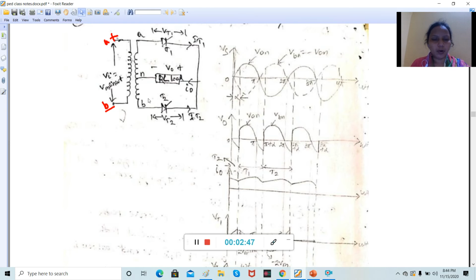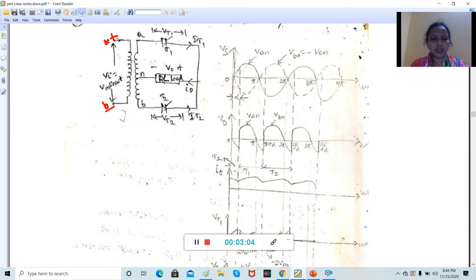This is the circuit diagram for the midpoint configuration for the fully controlled rectifier. Here this waveform represents the supply voltage waveform, that is Vs, which is Vm sin omega t.